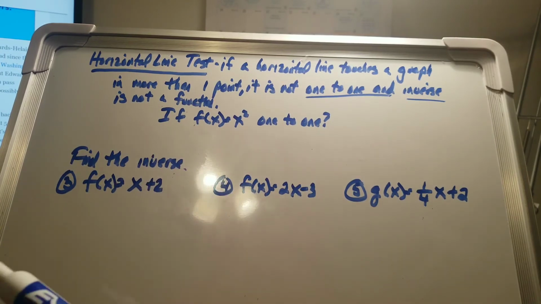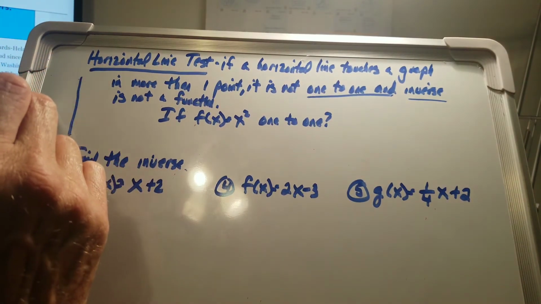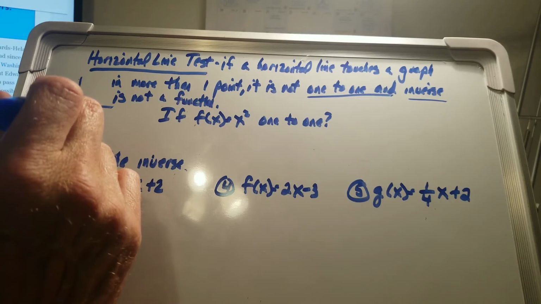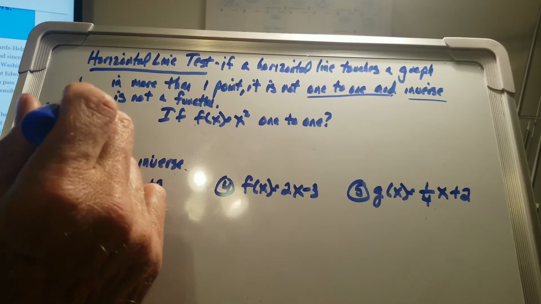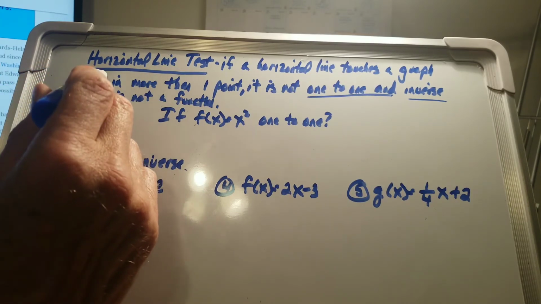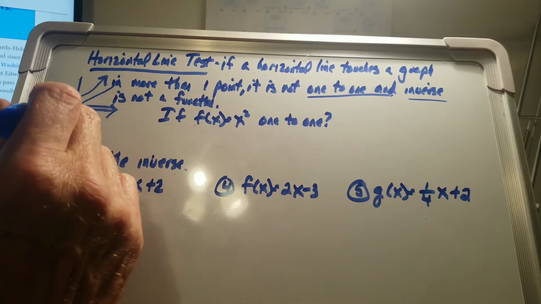I don't have the materials to show you what an inverse is, but I could roughly show you. So if you have a graph, and this is your normal graph, the inverse would mean the exact mirror image across y equals x.